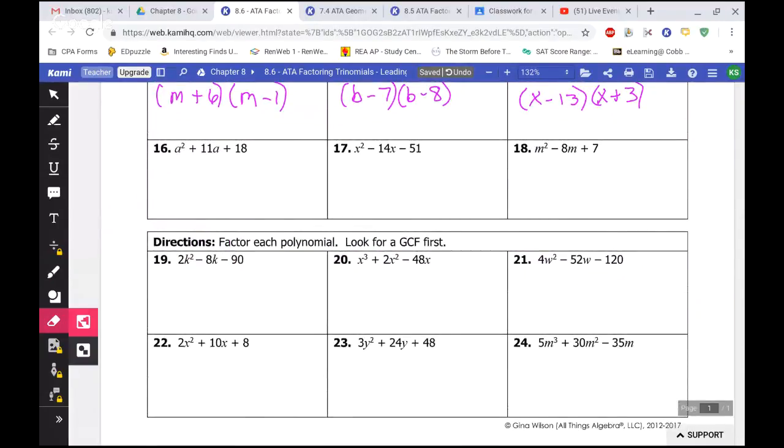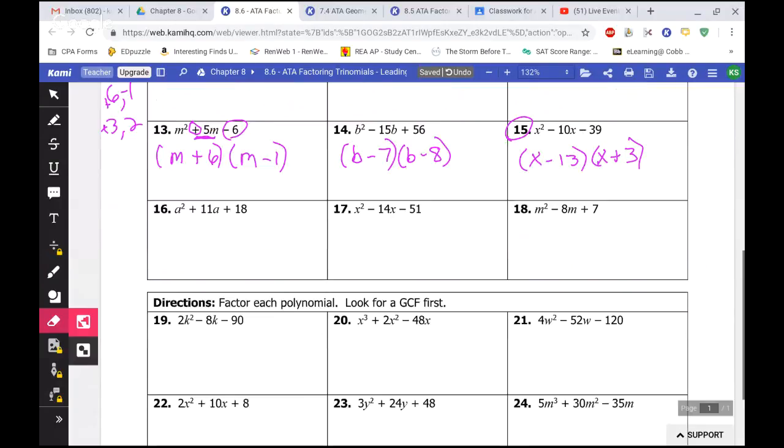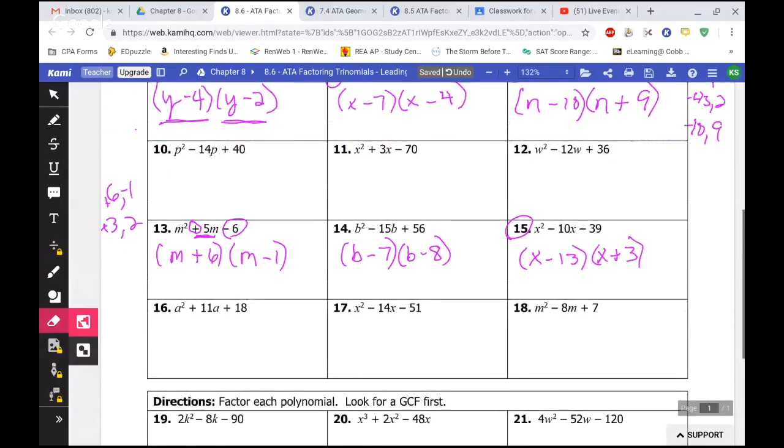Any questions on the remainder specifically? Wait a minute. On number 13, you wrote down positive 6 and negative 1. Shouldn't they both be negative? Wait, no, that's not right. Never mind. I was confused with number 18 because on number 18, they're both negative, I think. You're absolutely correct.